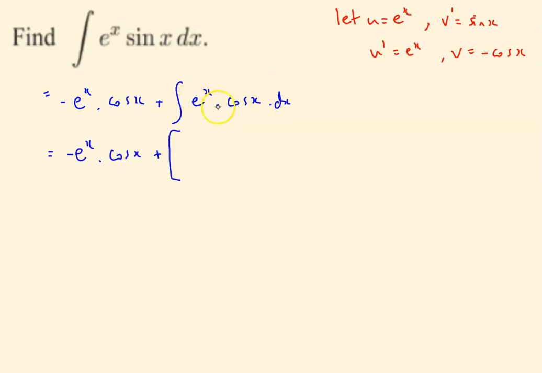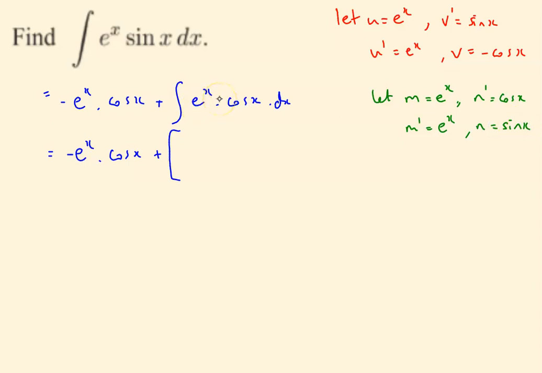For this pair, I can't use u and v again, so let's use say m and n. Let m equal e to the x, and therefore n' is cos of x. So m', if we differentiate e to the x, we get e to the x. If I integrate cos, I end up with sine.